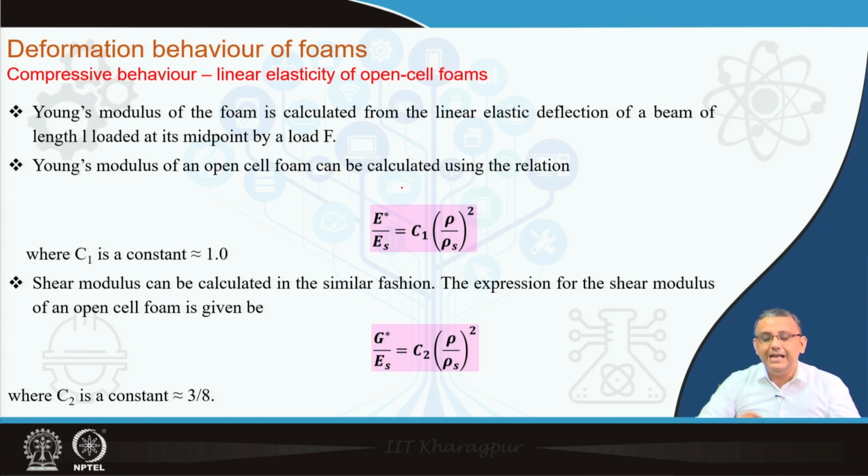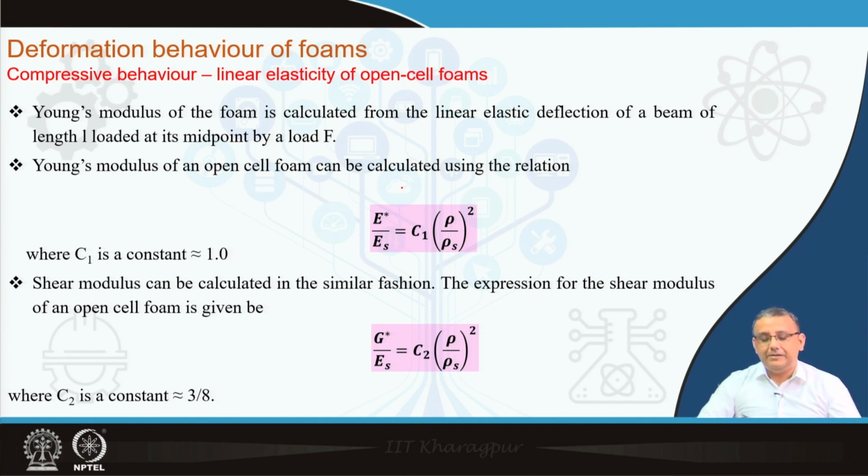That means E star is the modulus of the cellular solid, Es is the modulus of the solid, and rho over rho s, as we already discussed several times, is the relative density of the open cell foam. That means if we can measure the density of the open cell foam precisely using the techniques we already learned, we can predict the modulus of the open cell foam using this simple equation.